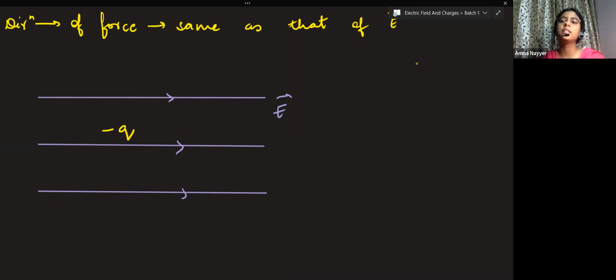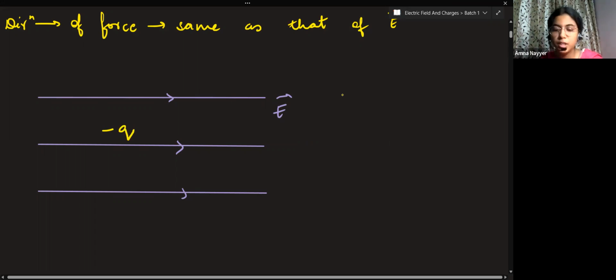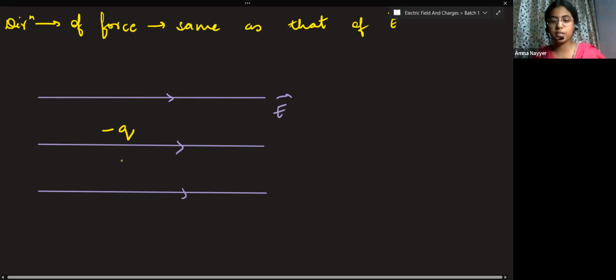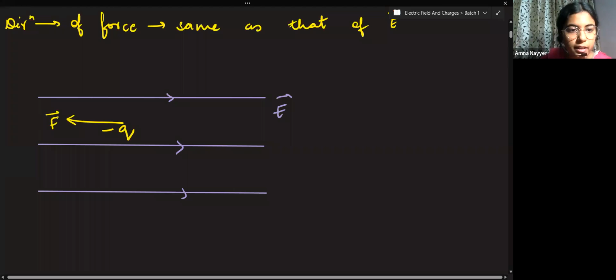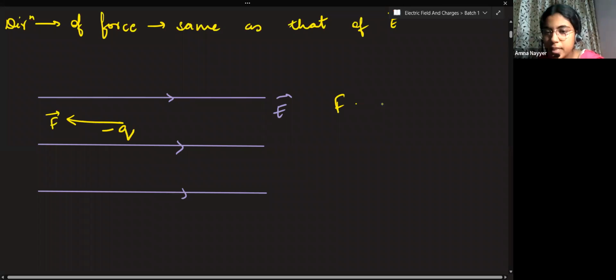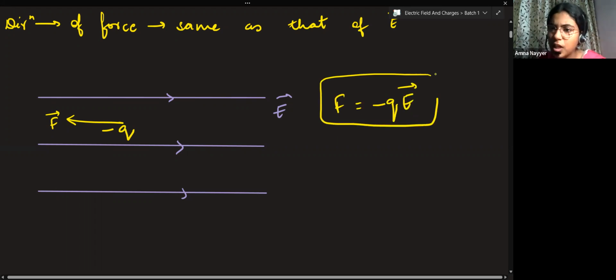The electric field is directed towards the right hand side, so the force acting on this negative charge will be towards the left hand side, in the opposite direction. The force due to electric field will be just opposite to the direction of electric field, but the magnitude will be the same.